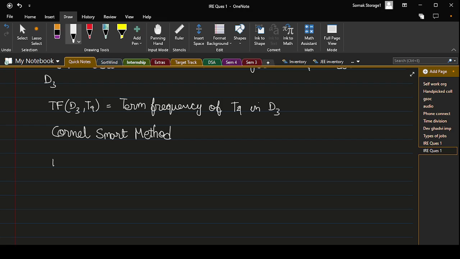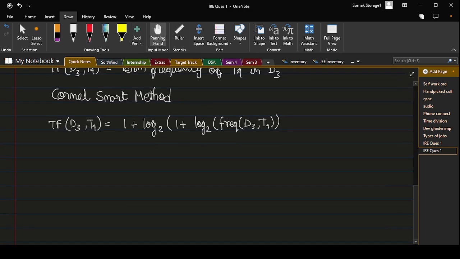So I'll just write the expression first and explain it to you. What we'll do is we'll just use 1 plus log base 2 of the frequency of T4 in the D3 document, right? We'll just use this. And what is this frequency?